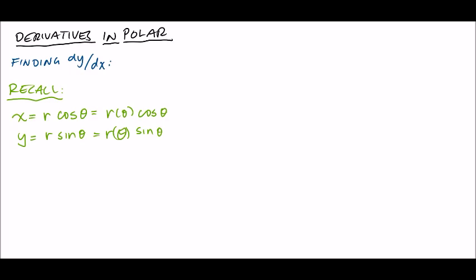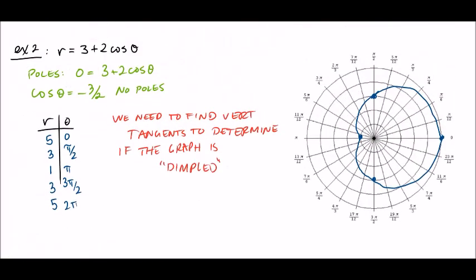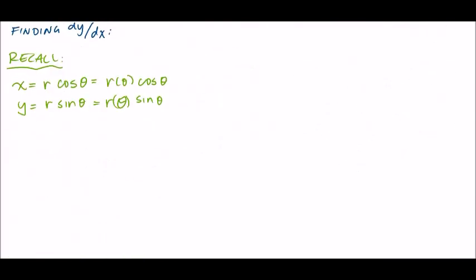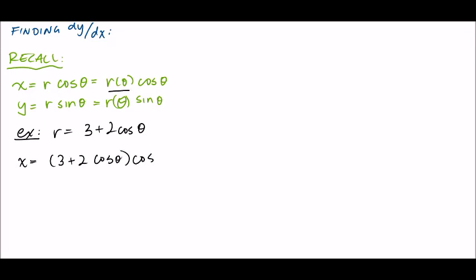Let's see it in action in our particular situation from above. If you remember this problem where r was 3 plus 2 cosine theta, how do we find derivatives? Well, x is going to be equal to 3 plus 2 cosine theta, that's your r, times cosine theta.